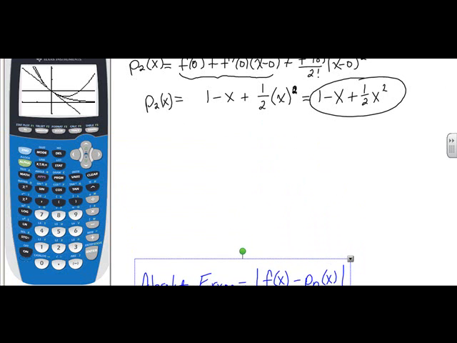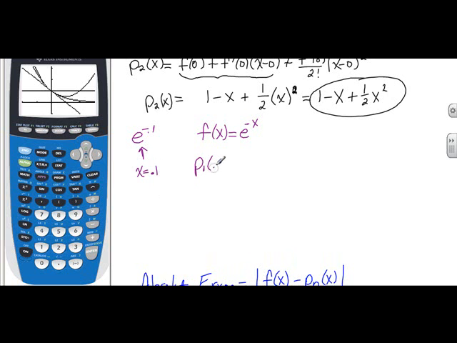Okay, if I wanted to use my polynomial functions to approximate e to the negative 0.1, thinking about our original function f of x equals e to the minus x power, what I'm looking at here is a value of x that's equal to 1/10. So to approximate, I'm not even going to go with P0. I'm going to start with P1 of 0.1.